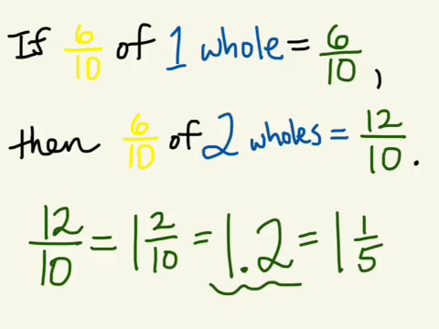So multiplying with decimals can be a little bit wonky or counterintuitive if we've been taught whenever you multiply you get bigger and bigger and bigger. Well, not necessarily. If your groups aren't even one whole size and they are 6/10 size, then maybe not. 6/10 of 2 wholes is going to be less than 2 wholes because it's 6/10 of one whole plus 6/10 of another whole. Let's look at it another way.